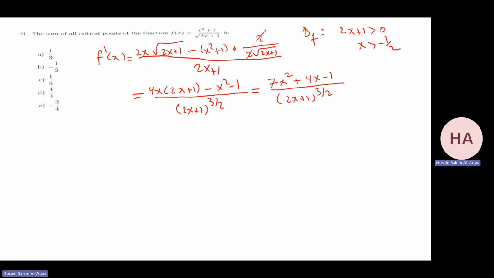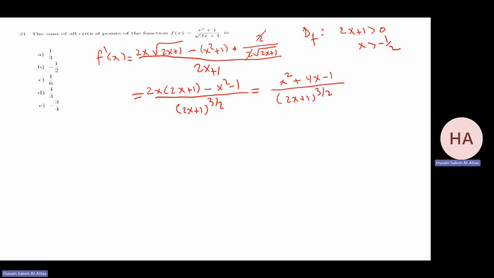Let me check. 2x times this, minus the numerator times the derivative of this, 1 over 2 root this times 2, cancelled. No, not 2. Sorry. I cancelled the 2. So this is not 2. These 2 cancelled.